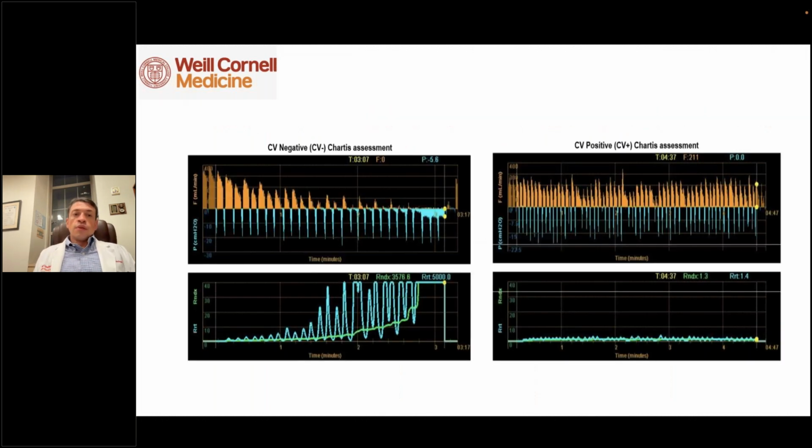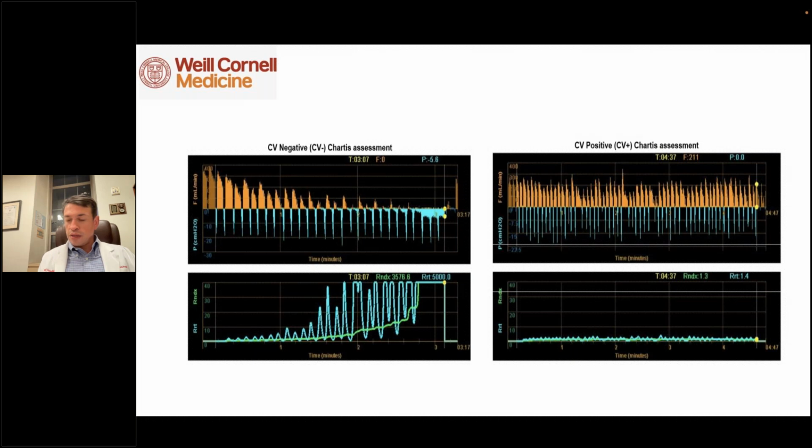Because as you see on the left side of the screen, over a period of time, the expiratory flow disappears, and there is a reciprocal increase in airway resistance. What that means is that the fissure that's being questioned is intact, because you inflated the balloon, so air cannot get into the lobe, and because the fissure is intact, you have decreasing flow.